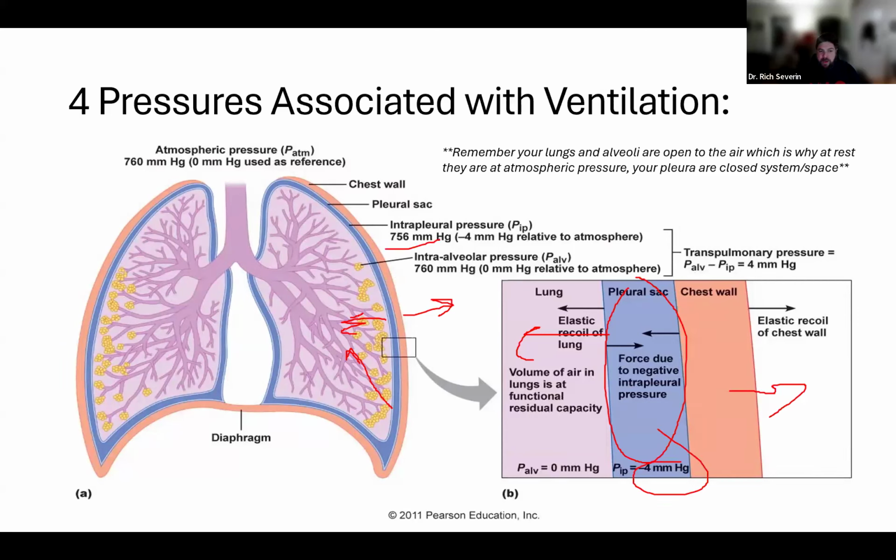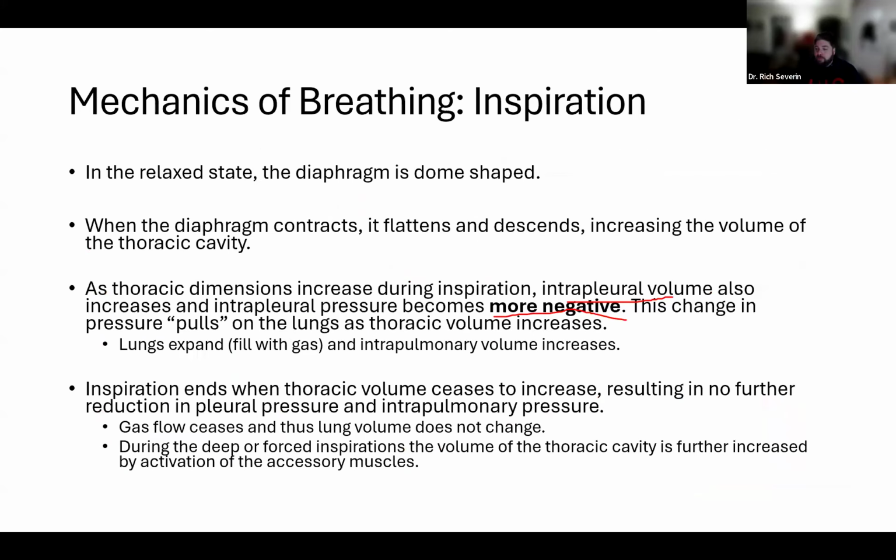You can think of this here. Atmospheric is going to be about 760 millimeters of mercury, or this will sit at 756, so a little bit below. When we inspire, it becomes more negative, closer to -8. This change in pressure pulls on the lungs as thoracic volume increases, and the lungs begin to expand because there's less pressure surrounding them, which causes the interpulmonary volume to increase, and then further decreases its pressure, and then air is able to flow in.